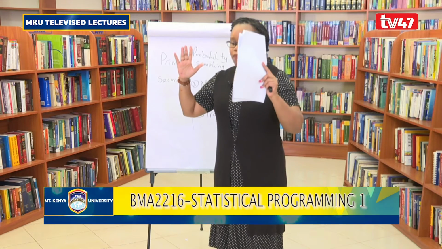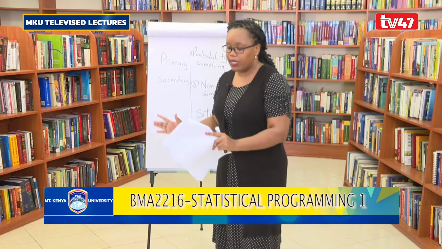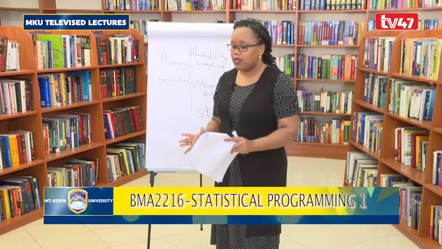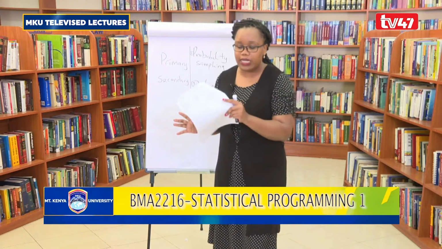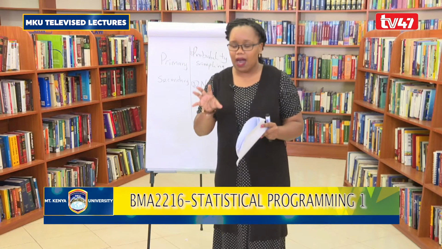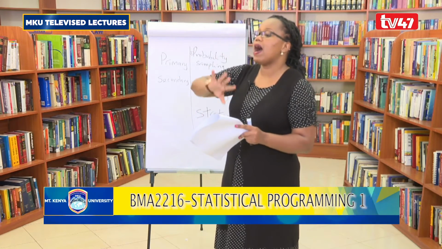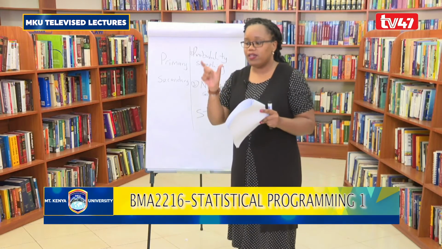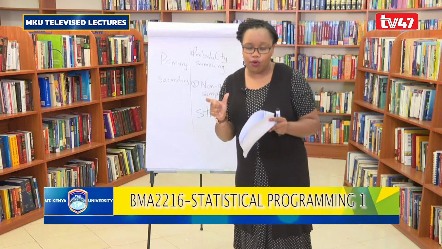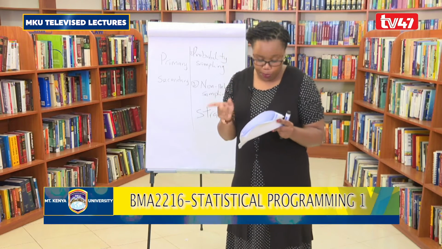If our target sample is 2,000, we have to proportionately, depending on the population in each stratum, pick out a sample which, when we add all of them, will amount to our intended sample of 2,000 people.